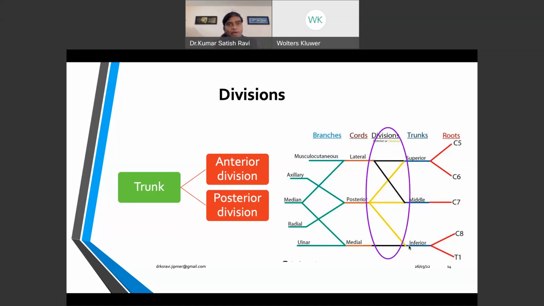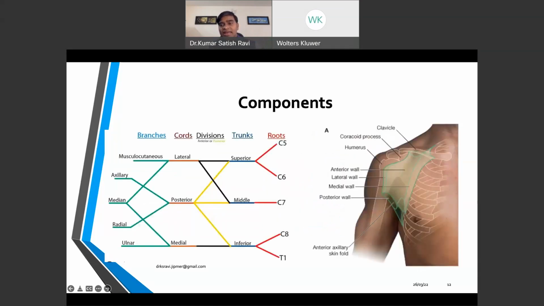When you approach the clavicle, before entering the axilla, each trunk divides into two, the anterior and the posterior division, in order to supply the muscles of the flexor and extensor compartments, whether of the arm or the forearm.